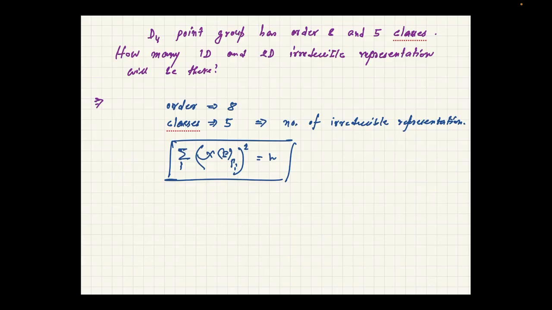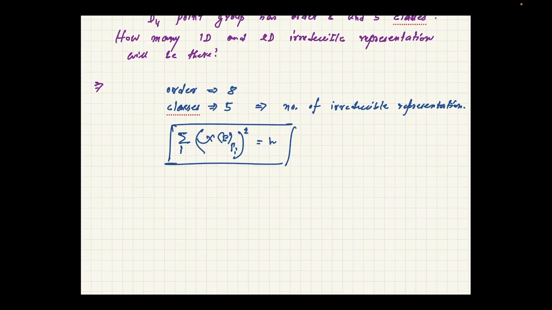Okay, so then we just have to play with the numbers and find how many 1D and 2D irreducible representations will be there. Let's consider that one two-dimensional representation will be there. Let's say two two-dimensional representations will be there.